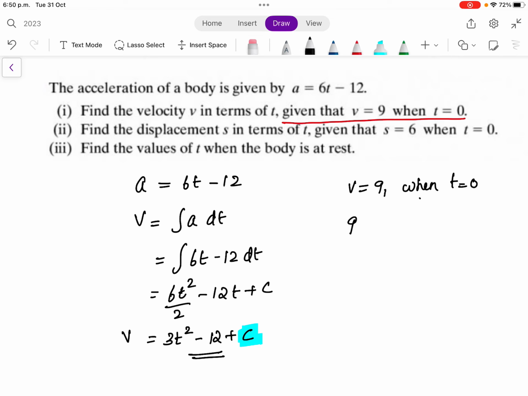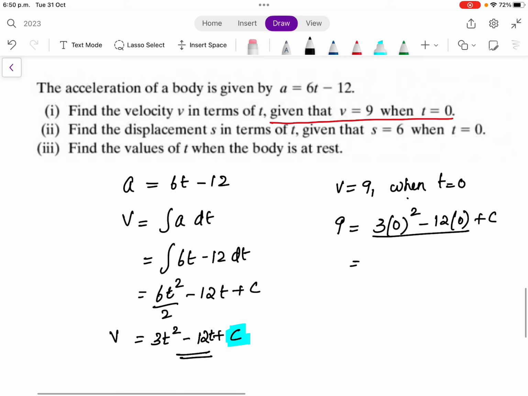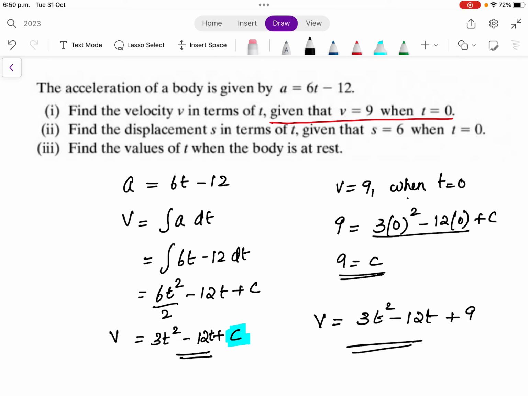So 9 is equal to 3 into 0 square minus 12 into 0 plus c. All that will become 0, so 9 is equal to c. In this case, v will be equal to 3t square minus 12t plus 9. So we got the velocity like this.